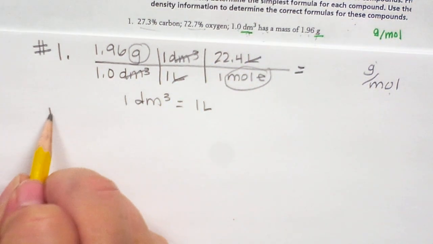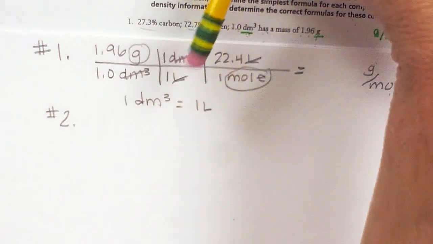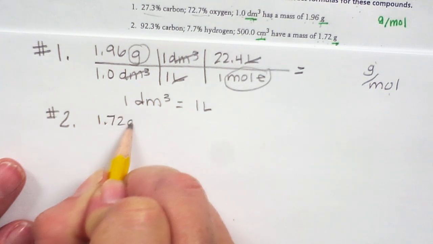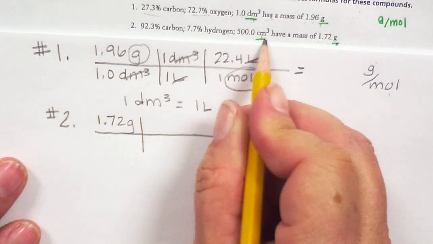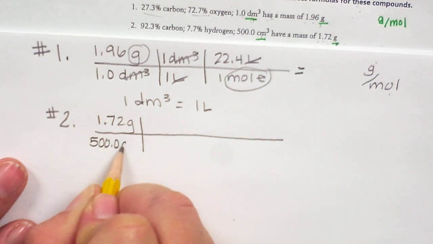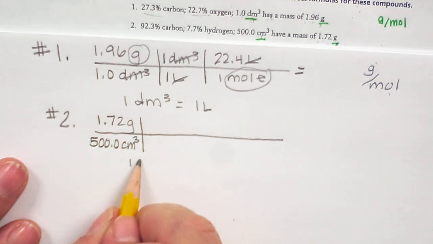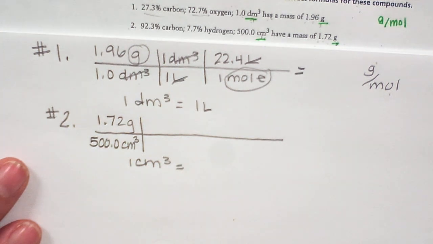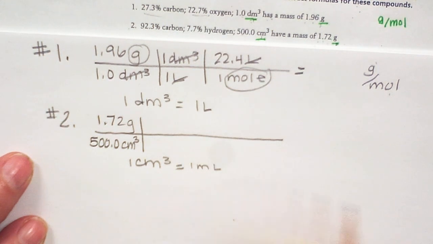And now let's look at number 2. In number 2, you're given 1.72 grams over 500 centimeter cubed. 1 centimeter cubed is equal to, does anybody remember something? Oh, Aaron, good work. 1 milliliter.